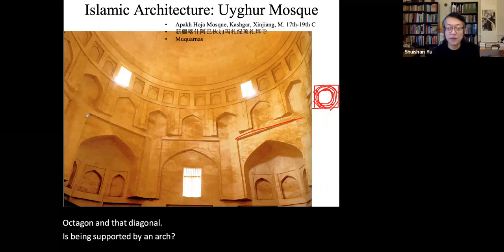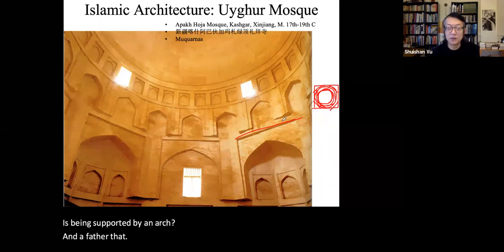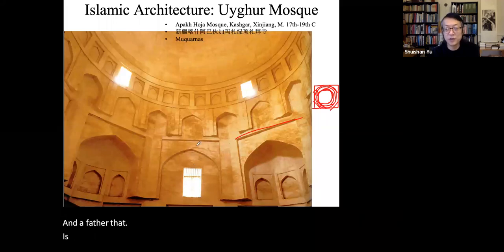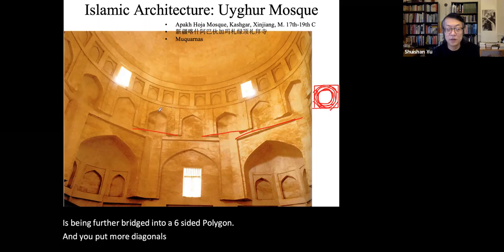And further, that octagon is being further bridged into a 16-sided polygon, and you put more diagonals, more bridges, and each of those will also feature an arch.